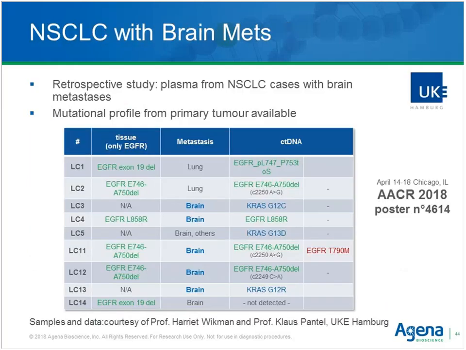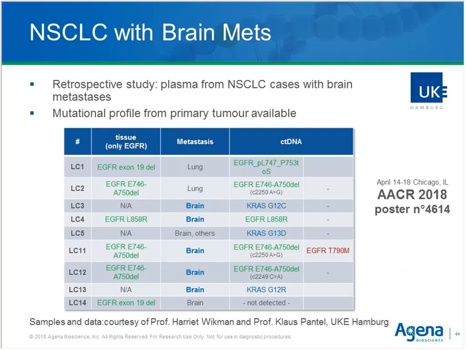So when we came out with this panel, we were very lucky to work with the University Clinic in Hamburg that is being led by Professor Klaus Pantel, who is a very important scientist in the area of liquid biopsy.